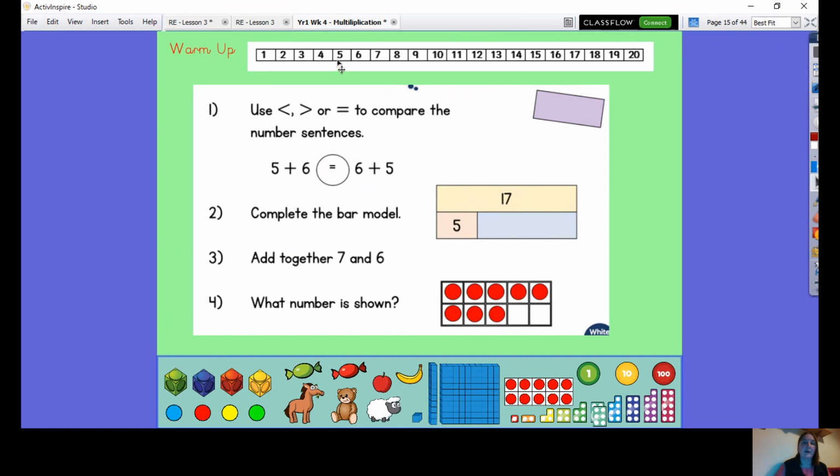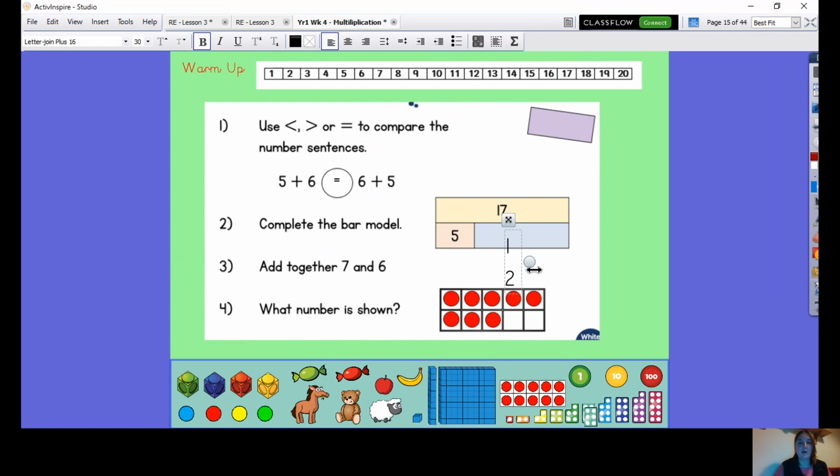I'm going to go 5, then 1, 2, 3, 4, 5, 6, 7, 8, 9, 10, 11, 12. So my missing number is 12. So 5 add 12 makes 17.